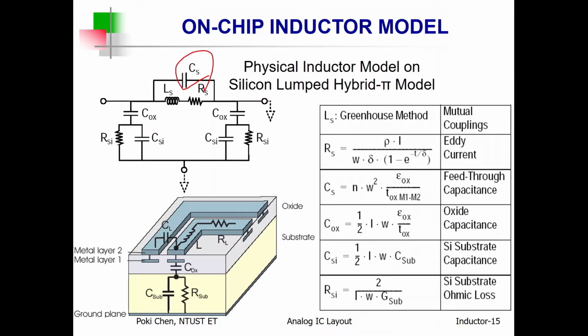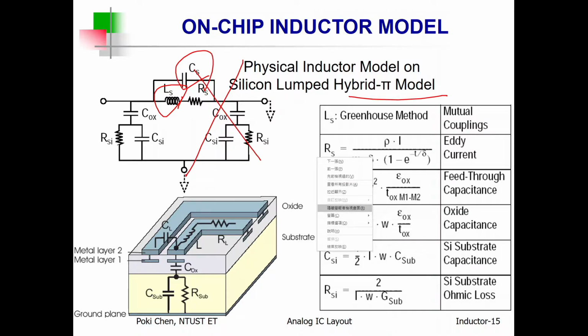Okay, CS here. Anyway, for such kind of inductor model, we have many kind of models. And for this model, we call it lumped hybrid pi model. Okay? What you want is only this. And for all the others, actually, you hate them very, very much.